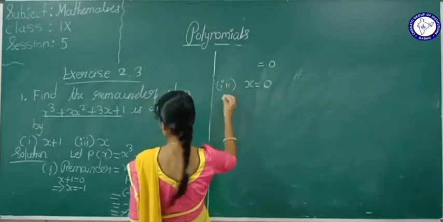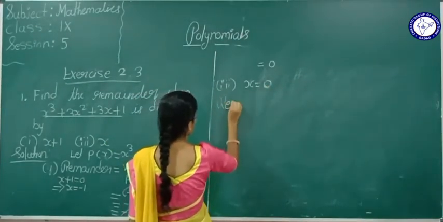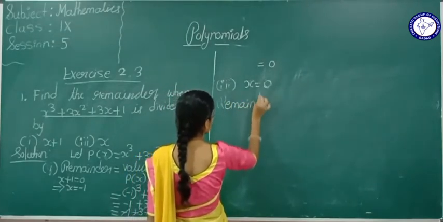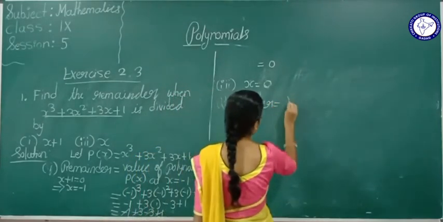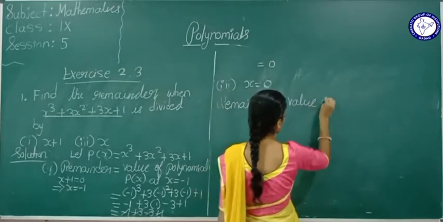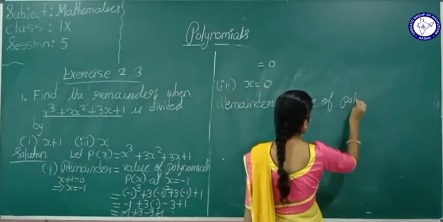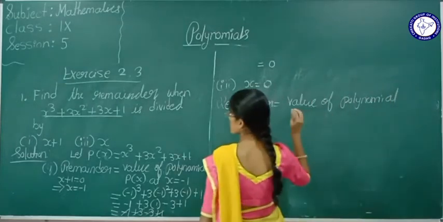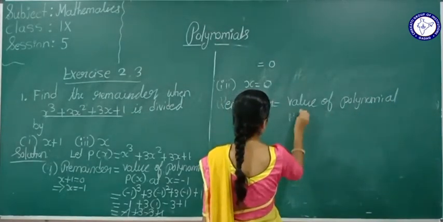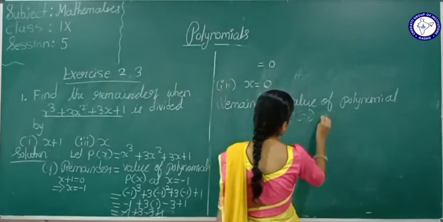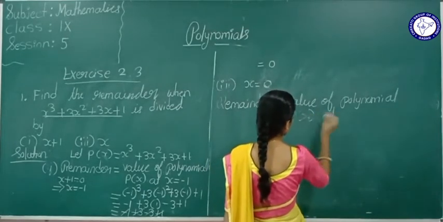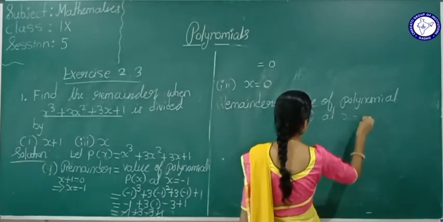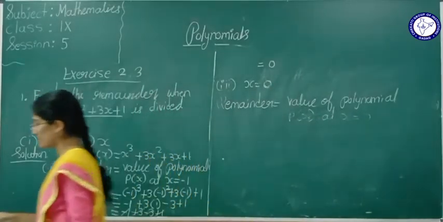Now see here, remainder is equal to value of polynomial p of x at x is equal to 0.